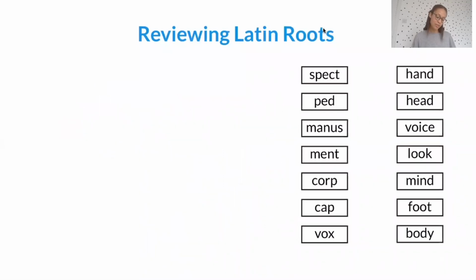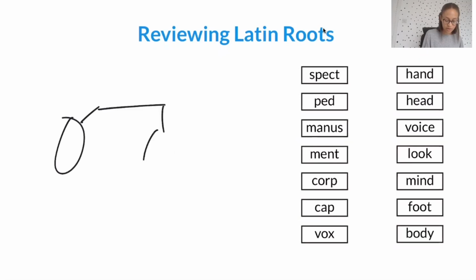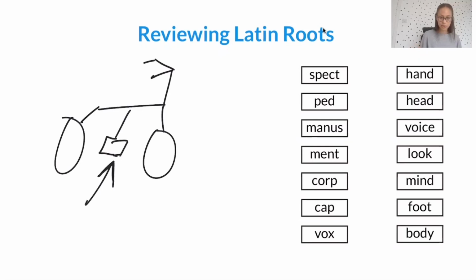So you might pick ped next, and then you need to give clues that ped means foot. You could draw a bike. You can tell I haven't been on a bike in a long time. I can't remember what one looks like. And draw the pedals and maybe point to the pedals so we know which part of the bike it is.